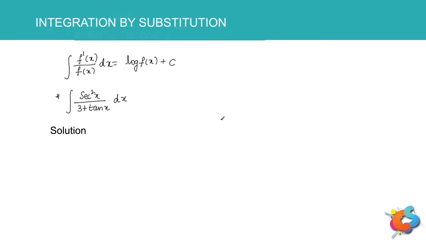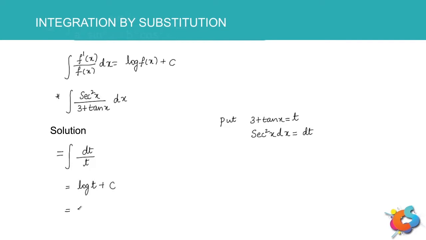So what we do here is we will substitute 3 plus tan x as t. You differentiate this with respect to x. We will get the derivative of 3 is 0 and the derivative of tan x is secant square x into dx is equal to dt. So the given problem becomes secant square x into dx becomes dt, whereas 3 plus tan x is t. So the integration of 1 by t is log t followed by the constant c.